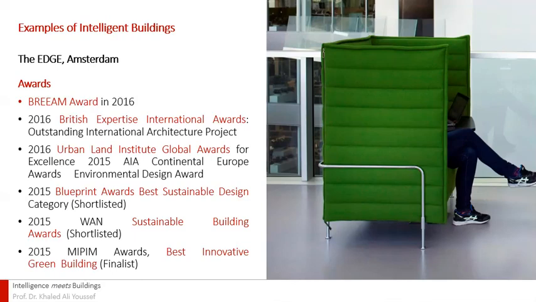So it was not a surprise that the Edge building achieved a number of awards, including the BREEAM Award in 2016, the British Expertise International Award in 2016, as well as an Outstanding International Architecture Project, Best Sustainable Design category in 2015, Sustainable Building Award in 2015, and Best Innovative Green Building in 2015.